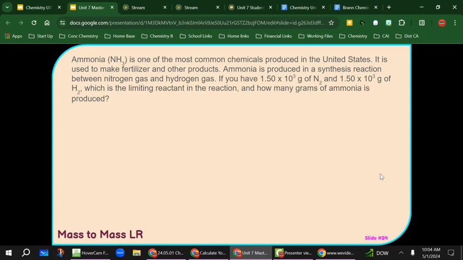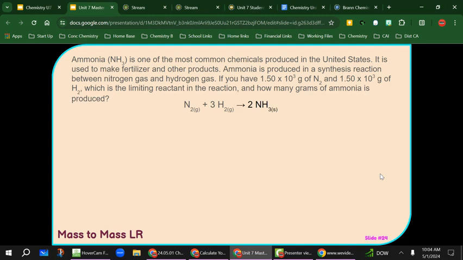A synthesis reaction is one where there is only one product, and this is your product. Nitrogen gas is N2, hydrogen gas is H2. To balance this off, ladies and gentlemen, to start, I would have had 2 of these and 2 of these.